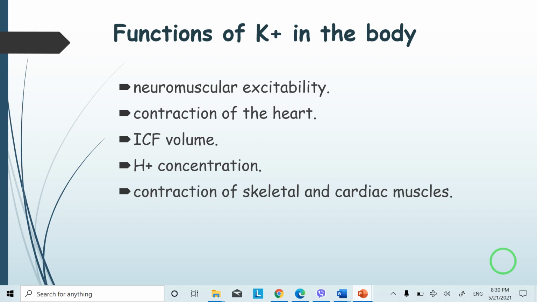From these functions, we notice that any change in the level of potassium, whether hypo- or hyperkalemia, may affect neuromuscular excitability and we may get fatigue, and affect the contraction of the heart, so we may have arrhythmia. There may also be acidosis. Any abnormality in the potassium level is also linked with alkalosis and acidosis.